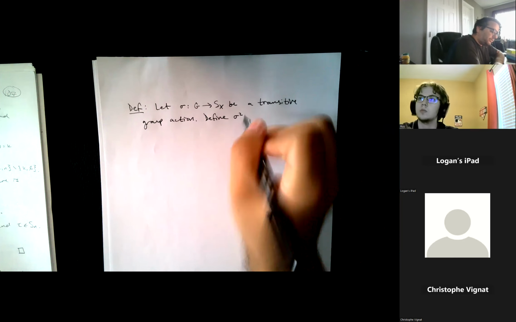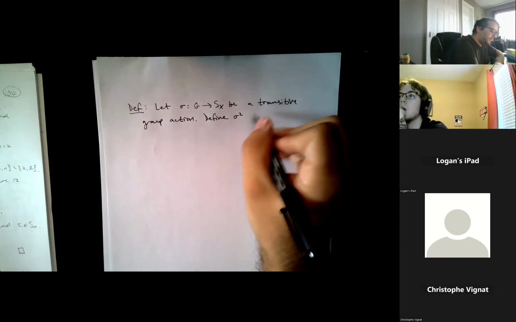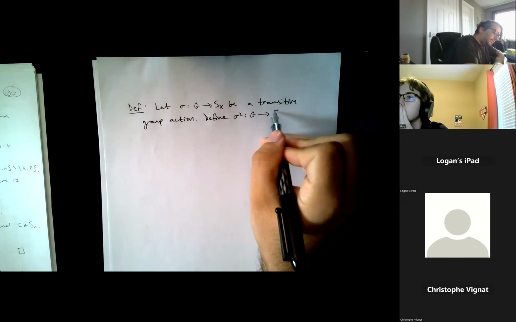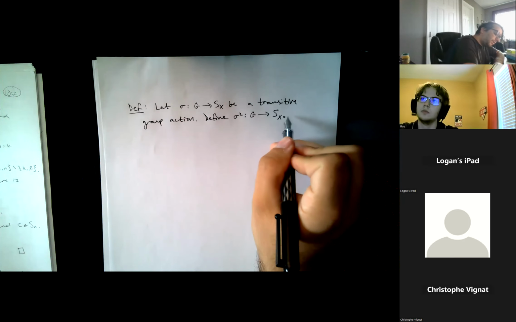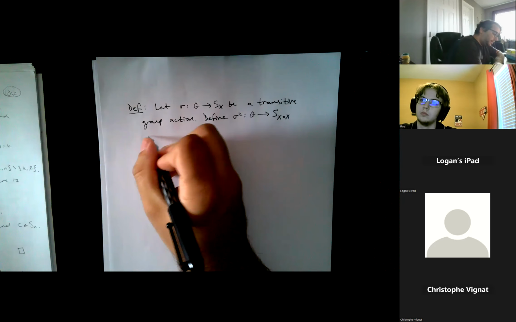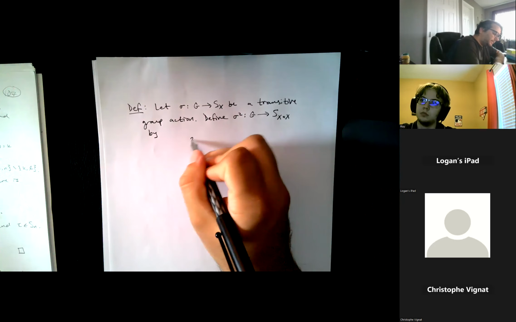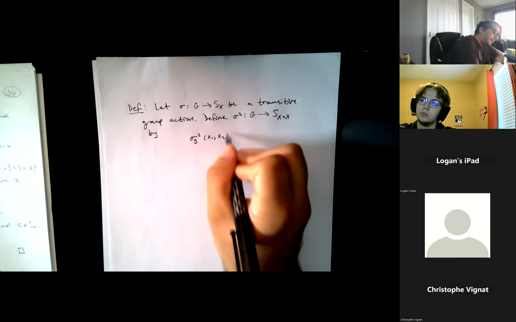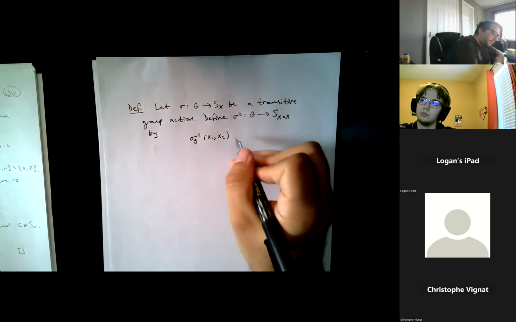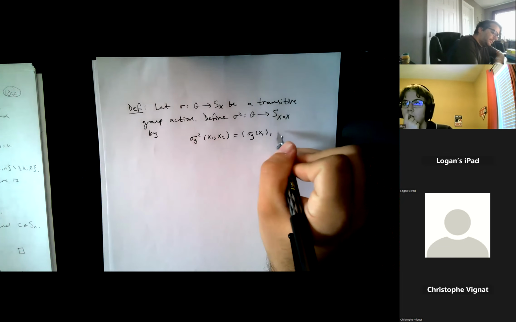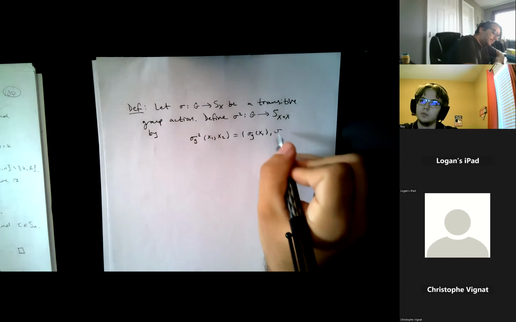We'll call it sigma 2 in the superscript, from G to S x cross x. This x is the same x as here. And we'll define it by sigma G2 acting on x1, x2 is just sigma G of x1, sigma G of x2.